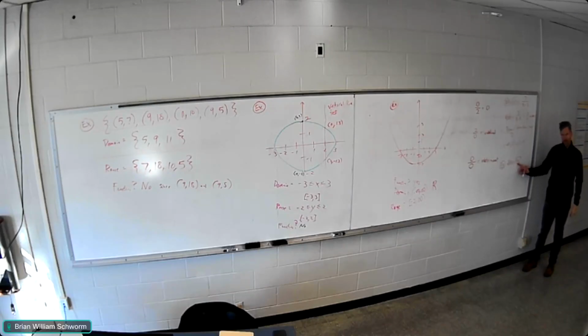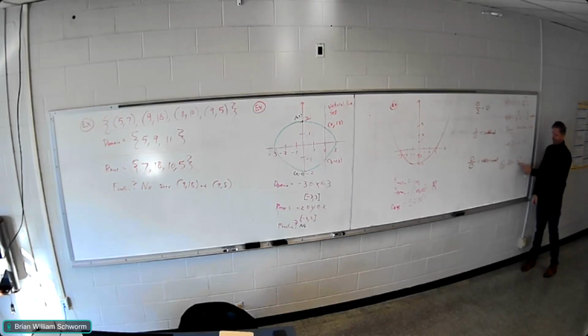Are there any numbers that I could plug in and I would not be able to do the calculation in terms of real numbers? Negatives, yeah. Negatives are going to cause problems here because I can't do the square root of negative 9. If you've talked about complex numbers and the imaginary unit i, then you could do it in terms of that, but that's not a real number. In terms of real numbers, we can't do this. So they can't be negative.